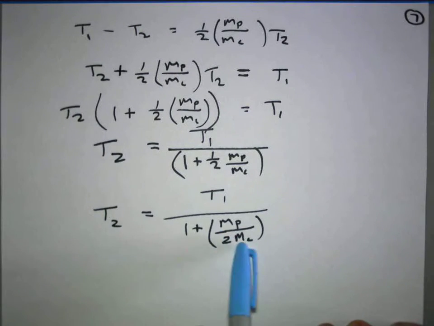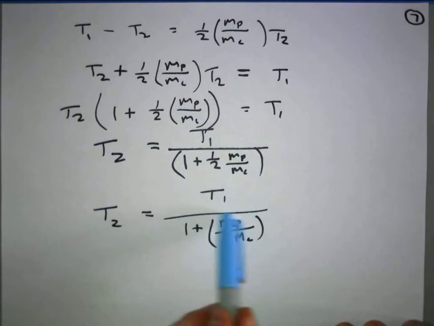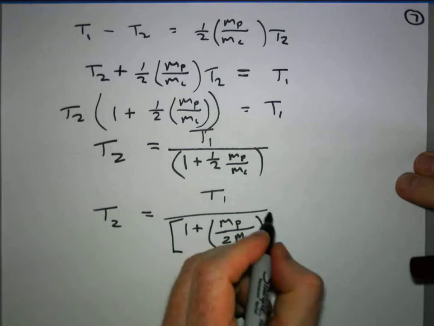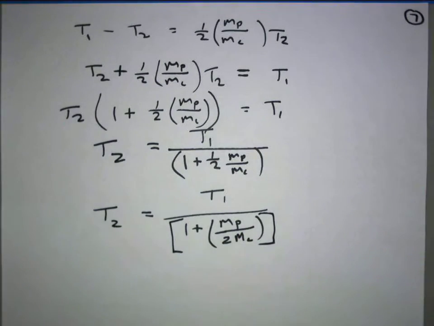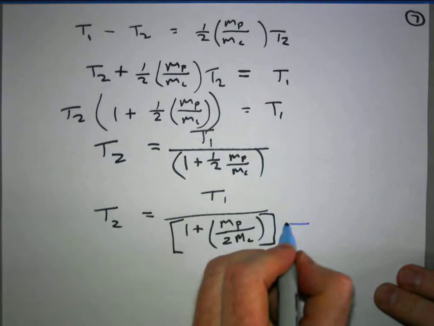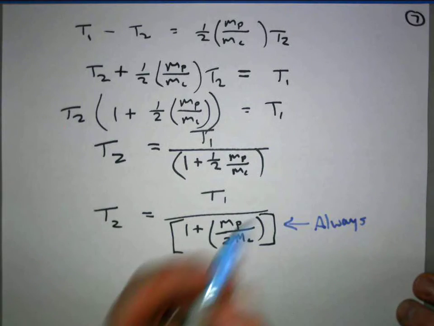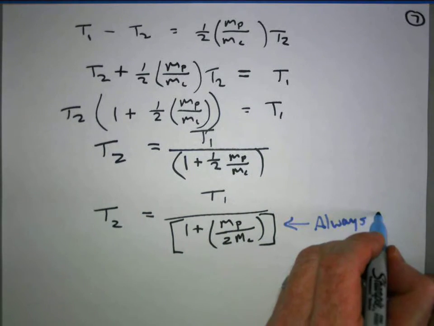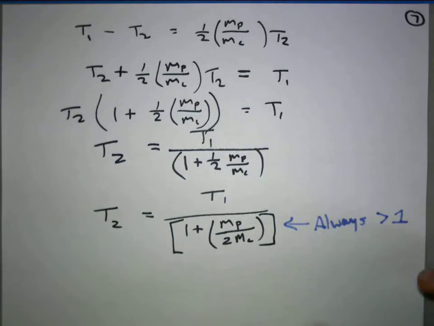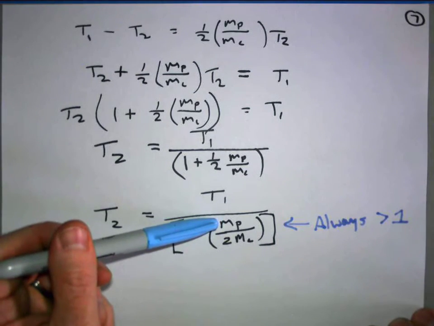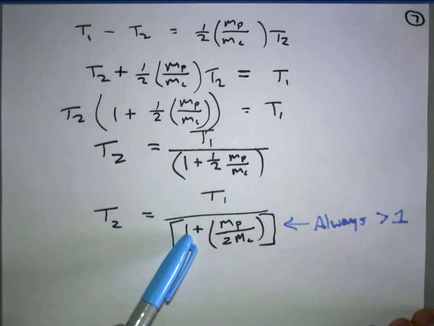Essentially, if I look at this, this is more or less a ratio of 2 masses. Mass will always have a positive value. So this entire term in the denominator of the fraction is always going to be greater than 1, as long as we acknowledge that the pulley has mass, because then we're adding something to 1 here.